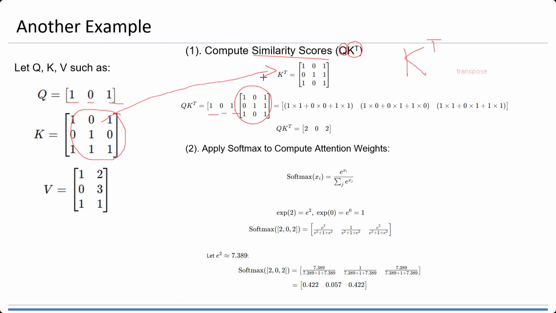The K transpose means we want to get the transpose. So this is 1, 0, 1, 0, 1, 0, 1, 1, 1. When you transpose this one, then the result will be 1, 0, 1, 0, 1, 0, 1, 1, 1. Okay, so this is the transpose, and this is the result.